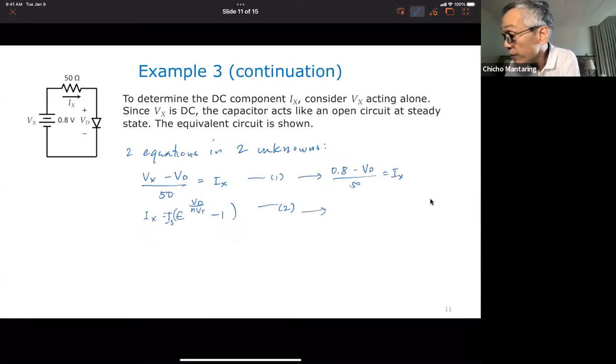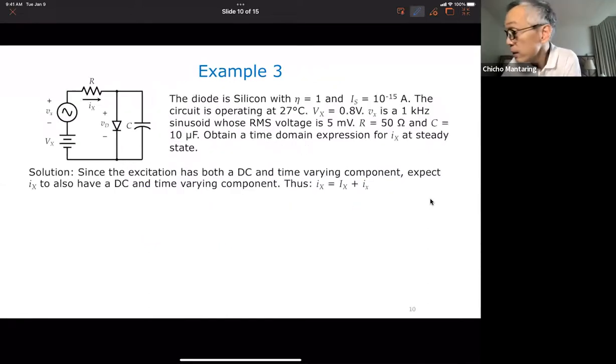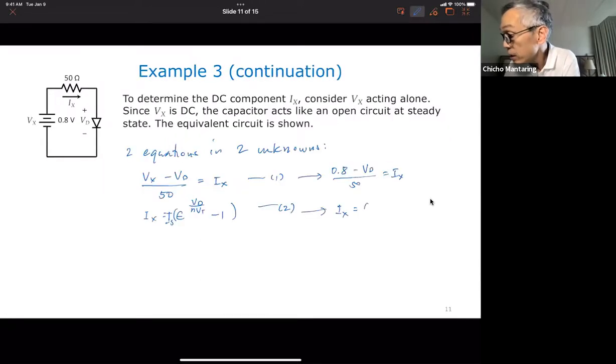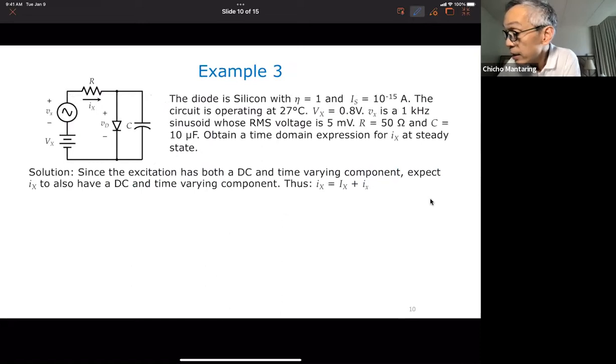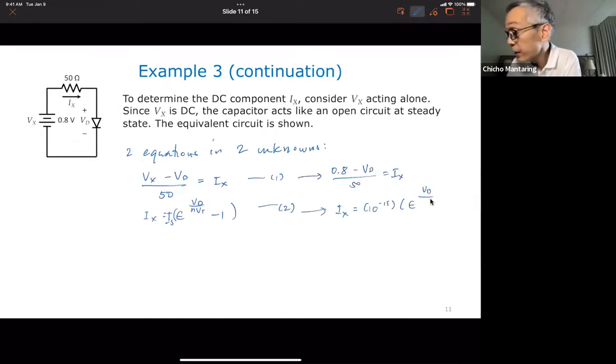Dito naman, I have I sub X is equal to 10 to the minus 15, e to the VD, and then eta is equal to 1. Your temperature is 27 degrees centigrade, so this is going to be 0.026 volts, minus 1.